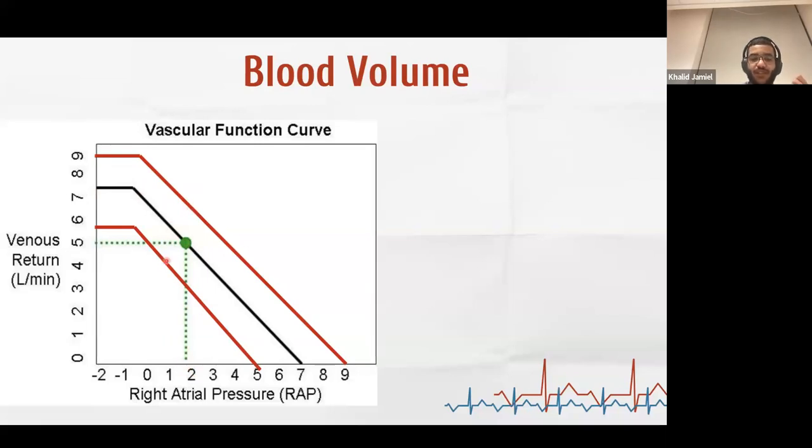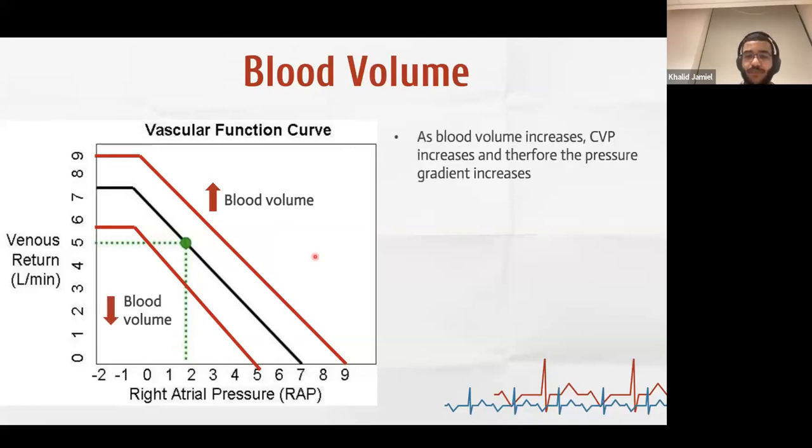And the graph below is for lower blood volume. An increase in blood volume would be an example of blood transfusion, for example, and a decrease in blood volume would be an example of bleeding. So I just summarized what I said over here. As blood volume increases, central venous pressure increases, and therefore the pressure gradient increases.